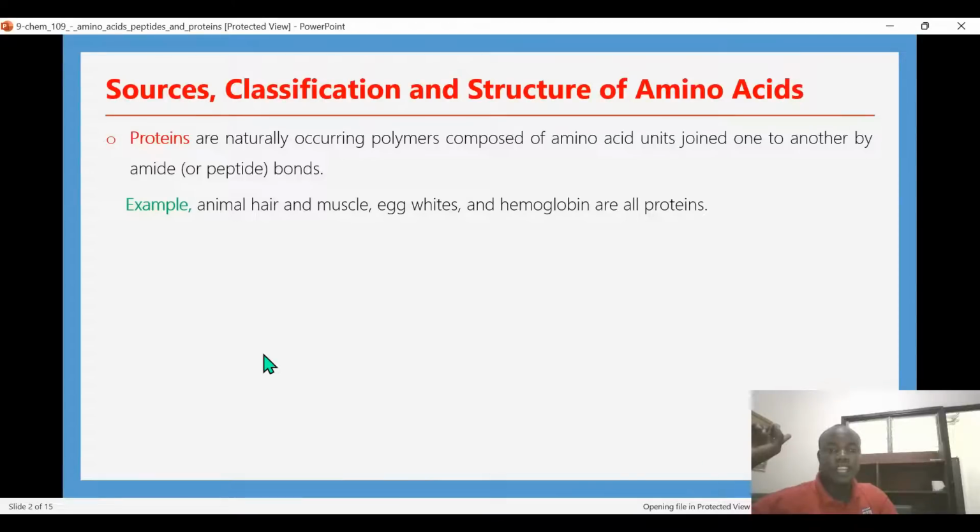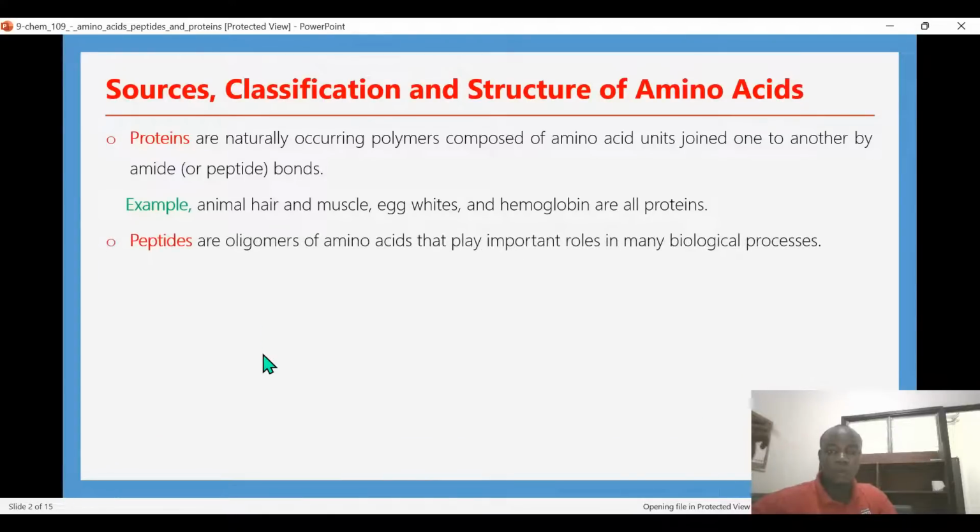And then in addition, we have what we call peptides. So is there any difference between proteins and peptides? The first thing that you need to understand is that proteins are polymers composed of amino acids.